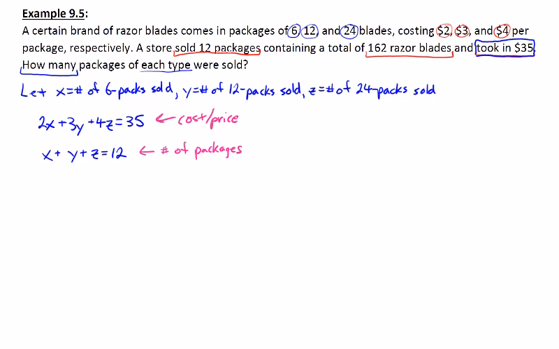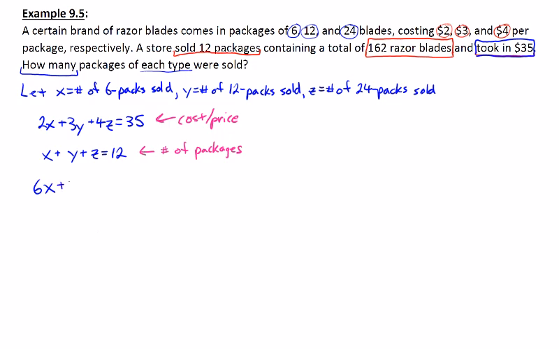And then the last equation is going to come from the information that we have 162 razor blades in total that were sold. So every time I sell a 6-pack, that means 6 razor blades are actually being sold, but they're all contained within that one package. So I have to take the number of 6-packs that I sell, multiply it by 6, and that will give me the total razor blades that are sold through 6-pack sales.